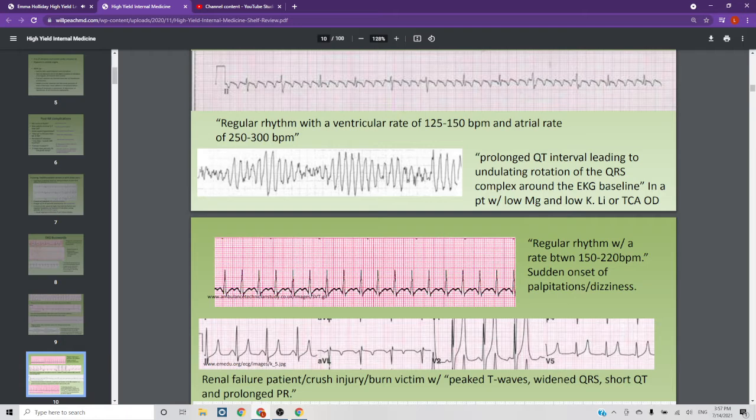This is SVT. So they might describe it. I think it's kind of hard to pick it out based on the EKG alone. The description makes it a little easier. If they told you it was regular rhythm and the rate was somewhere between 150 and 220, also the clinical symptoms help you here. This is like the 27, 28-year-old guy or girl who just suddenly has these terrible palpitations and then they suddenly go away.